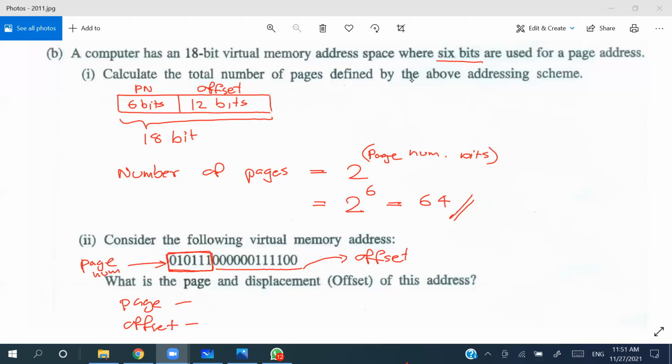All right, so let me show you the marking scheme.